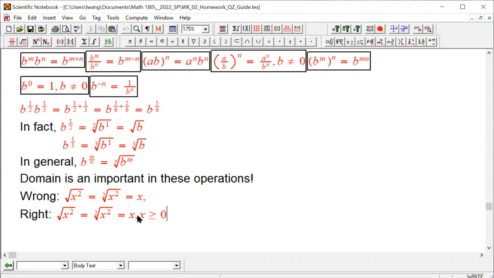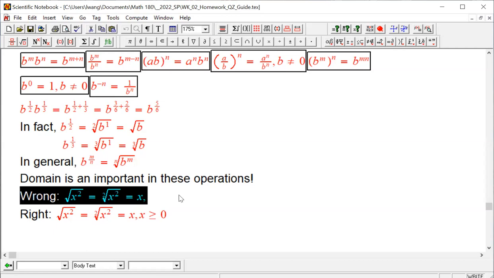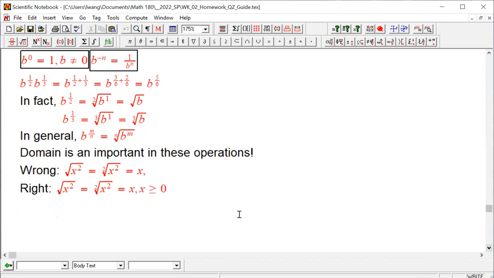You see, this will be right and that would be wrong. So only in this case can you do the crossing. All right.